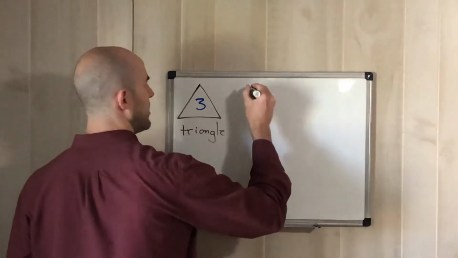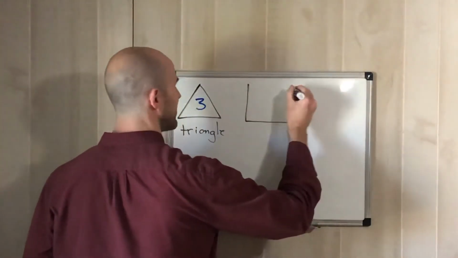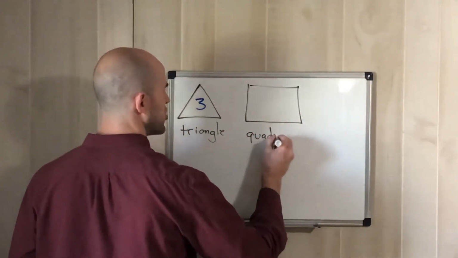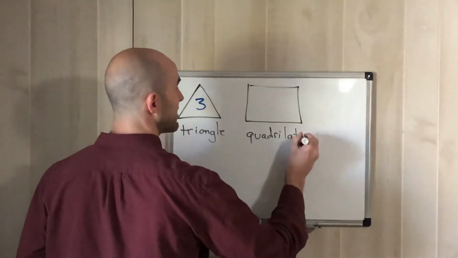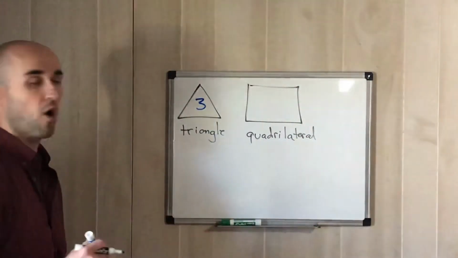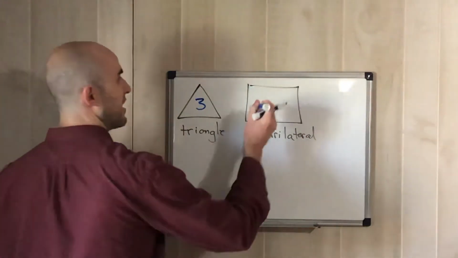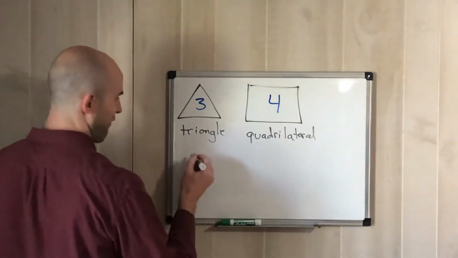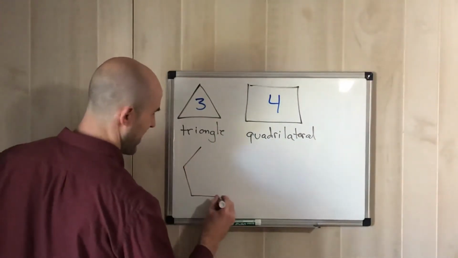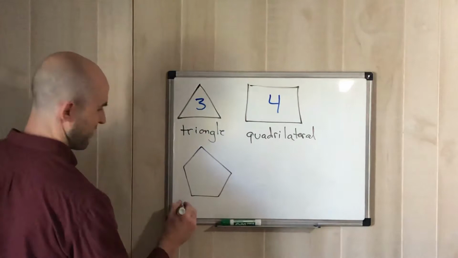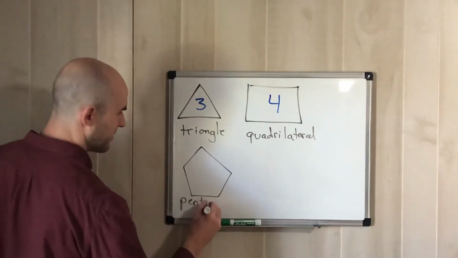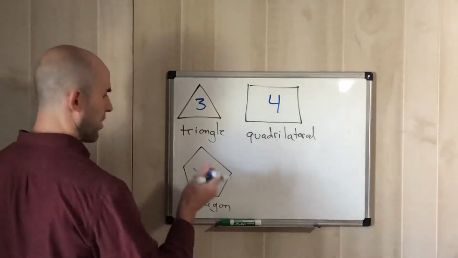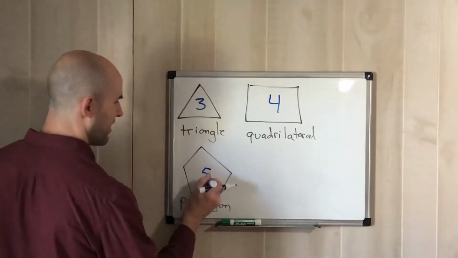We have a triangle, we have a figure that has 4 sides, which a lot of people would call a rectangle, a square, all of that. Those are different types of quadrilaterals, which we're going to go into, right? But the most basic, if it has 4 sides, it's a quadrilateral. And then we have something that has 5 sides. The one that has 5 sides, we call it a pentagon, just like the building in Washington, D.C.